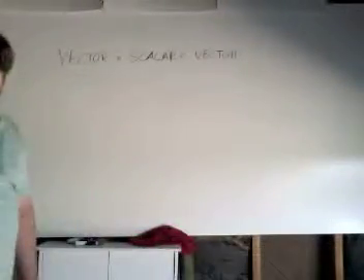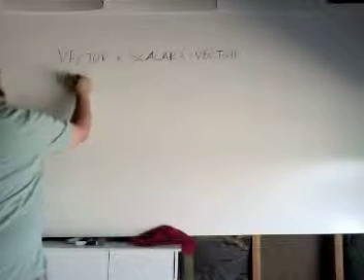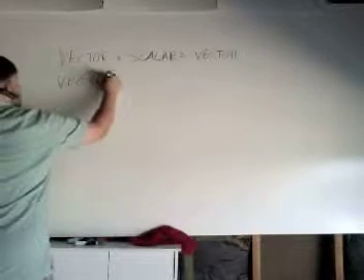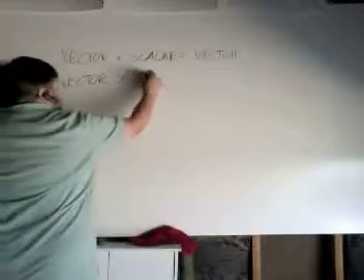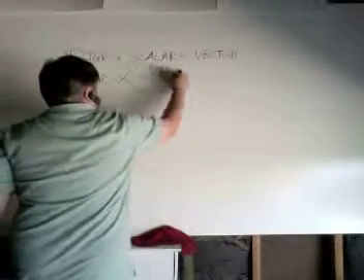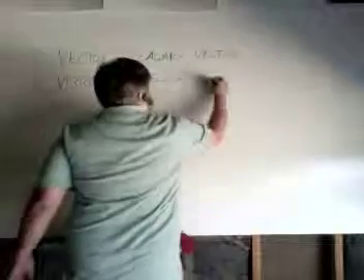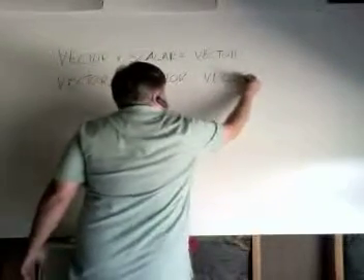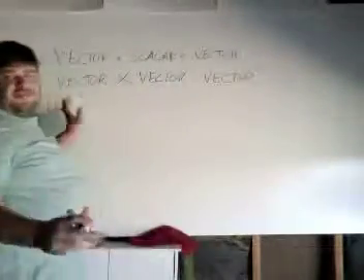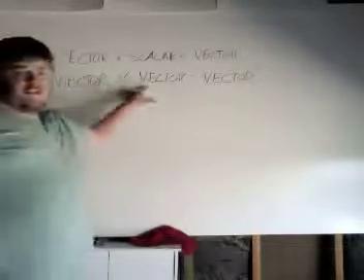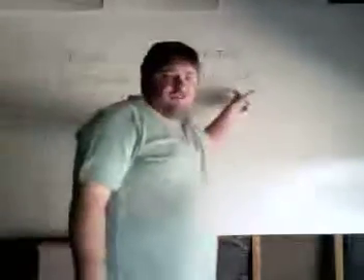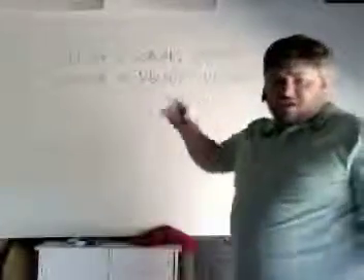A vector crossed with another vector gives me another vector. And these vectors are perpendicular to each other, and this vector is going to be perpendicular to the result of those two vectors.